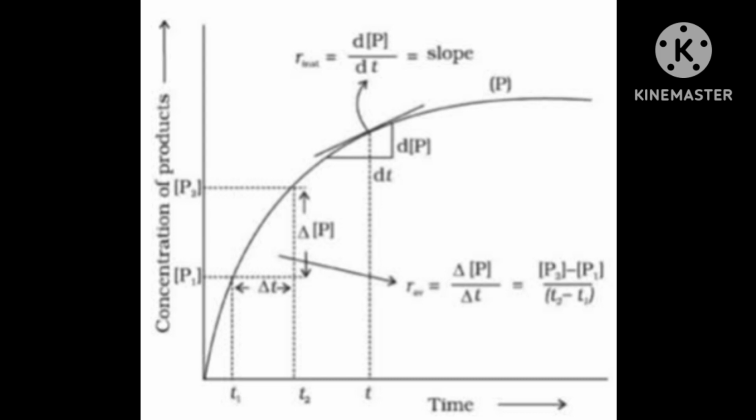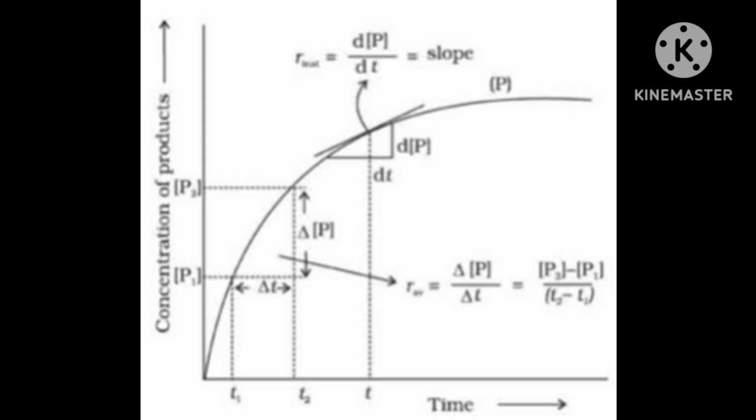Since delta R is a negative quantity, as the concentration of the reactant is decreasing, it is multiplied by -1 to make the rate of the reaction a positive quantity. If you want to tell the rate of the reaction in the positive way, then you have to multiply by -1.